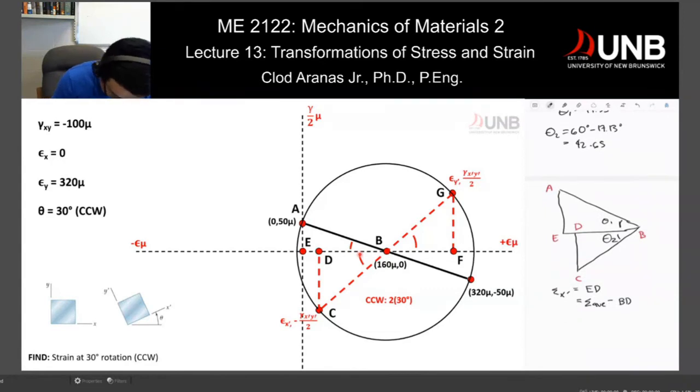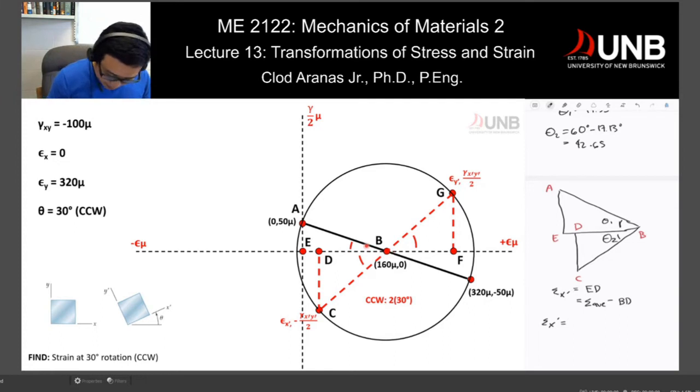No problem. So your epsilon x prime is equal to, we are talking about the x component, x prime. So we're talking about this point right here. That's equal to ED, or the average, which is 160 minus the length DB.